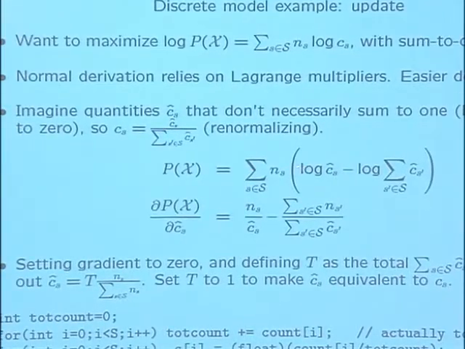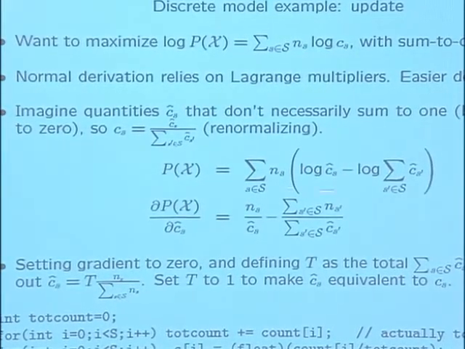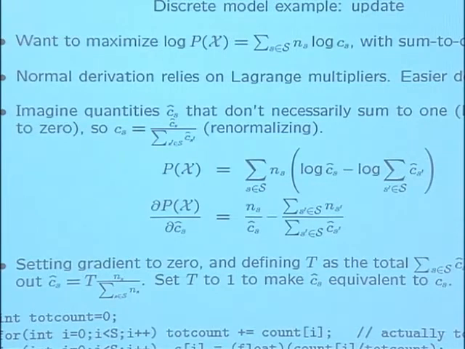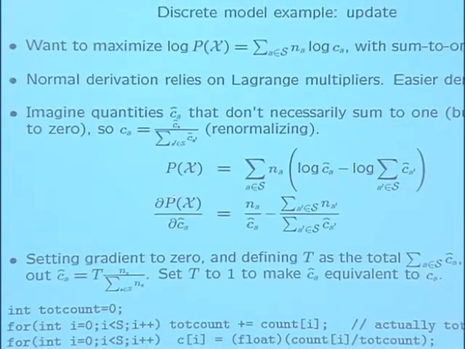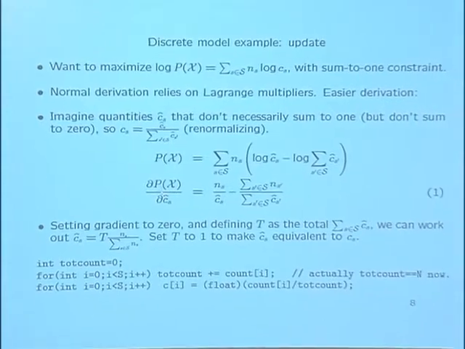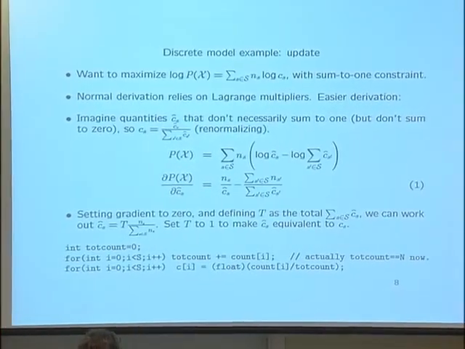The value in the brackets here is equivalent to log of c sub s, and this is just substituting the expression for c sub s in terms of c hat sub s and rearranging it a little bit. So now we're computing the gradient of P of x with respect to one of the c hat sub s's.